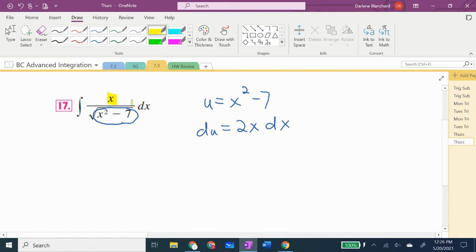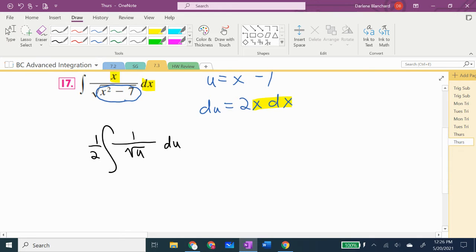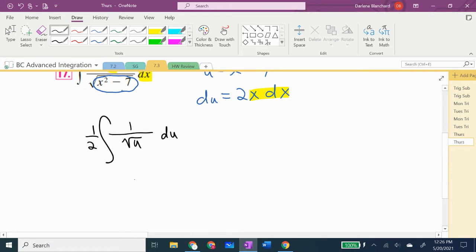I'm replacing my x dx with 1/2 du. From there, I have u to the negative 1/2 and I'm integrating. So u to the, add 1 to the exponent, multiply by the reciprocal.